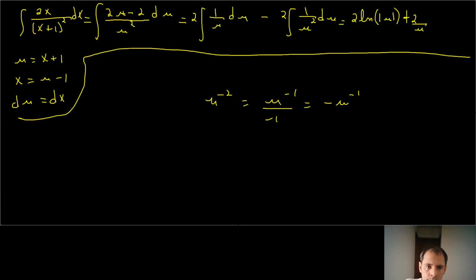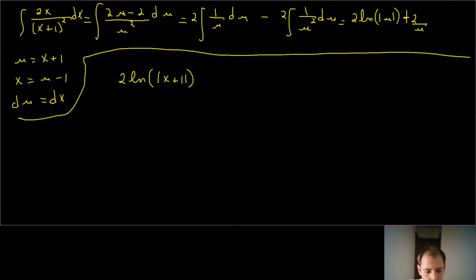And that's it. And now we back substitute. So it's going to be 2 ln of u, what's u? x plus 1.